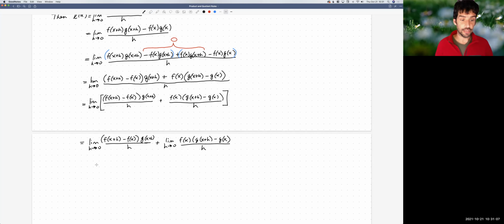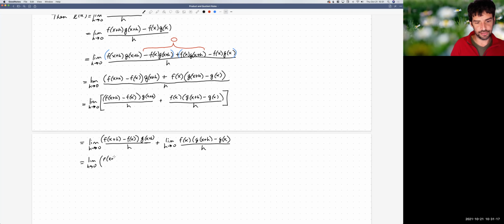Okay, now let's do one more thing algebraically. Let's just change the way I'm writing these fractions. So I can rewrite this fraction as f of x plus h minus f of x over h times g of x plus h. Right, that's just how fractions work.